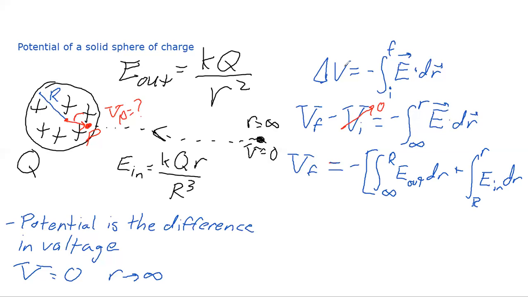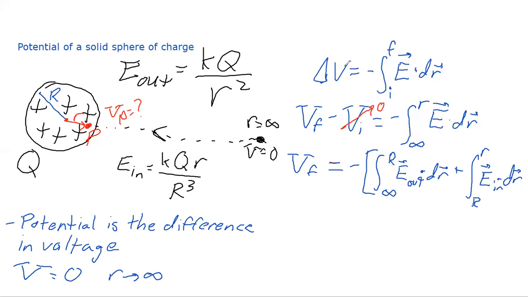Oh, I forgot my dot products. So E, the electric field, and the r direction are in the same direction, so that dot product would just go away.